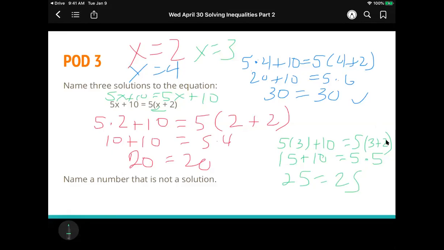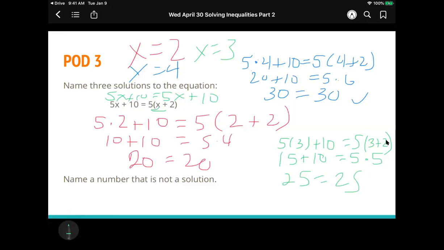All right. So in this case, we don't have a number that's not a solution. All numbers work. I picked this problem today because we're going to talk more about inequalities and solutions to inequalities. In order to understand solutions to inequalities, I want to make sure we understand what a solution to an equation is. A solution to an equation is any number that makes the equation work.